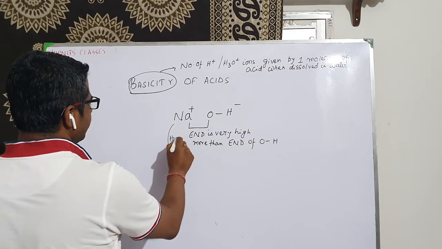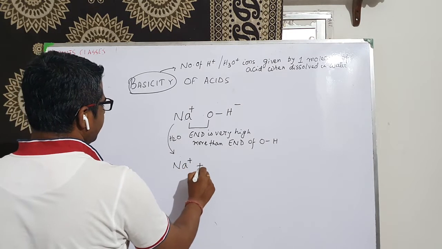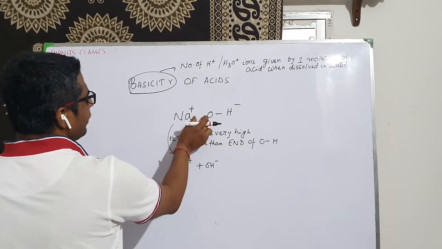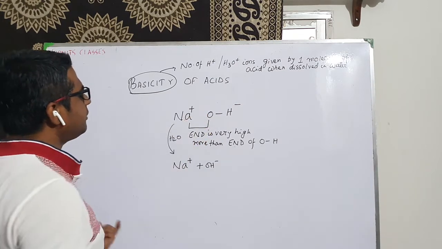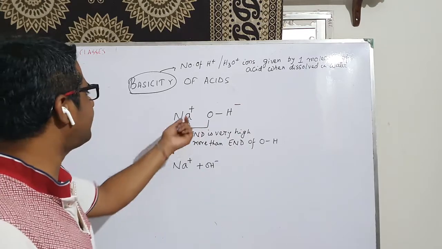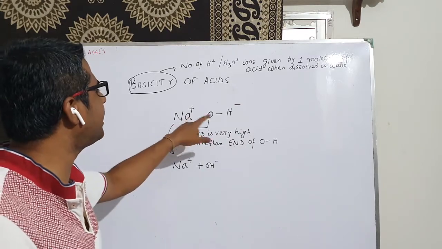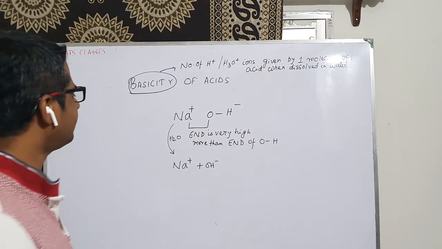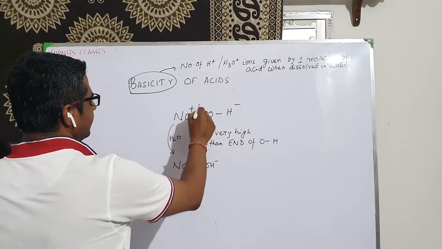Water में दे दो, and it gives Na plus and OH minus. So it separates from this place, right? Why does it separate from this place? Due to the reason that the electronegativity difference here is very high. It is just the force of attraction that is there, no sharing of electrons, complete transfer of electron was there. Okay? So that is why it separates from this place.